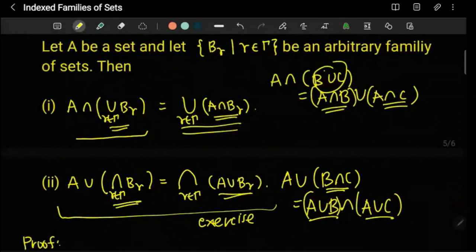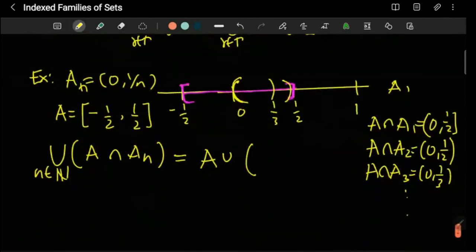So that's the same as A intersection the union of all A sub n, n from the natural numbers. Now, let's see. What is A? A is negative 1 half up to 1 half.